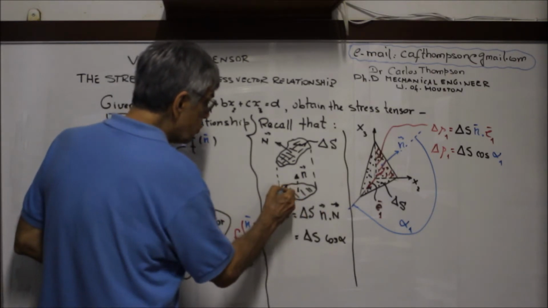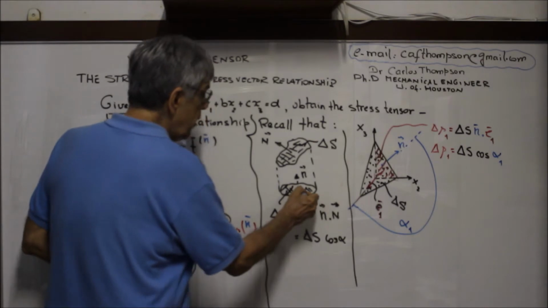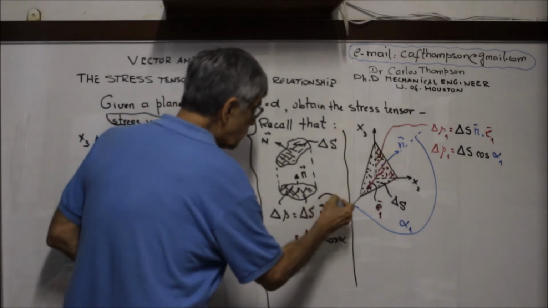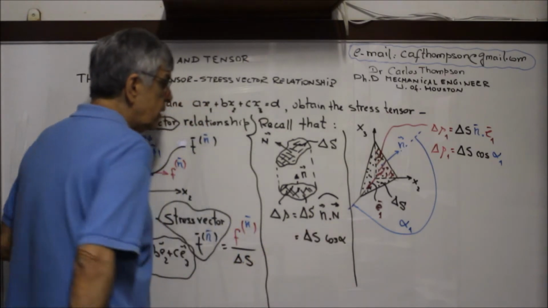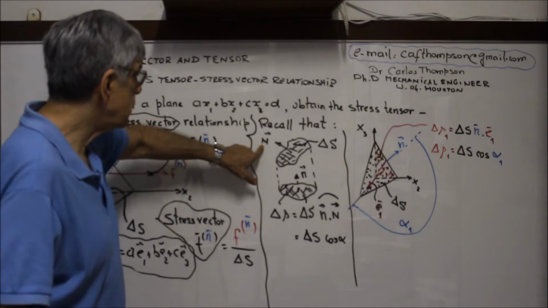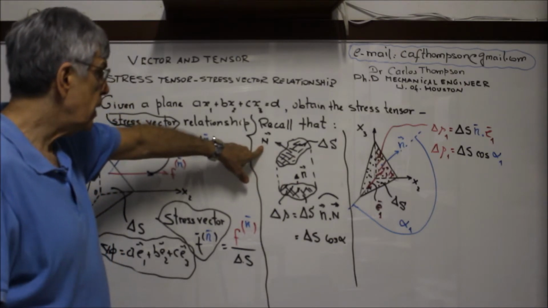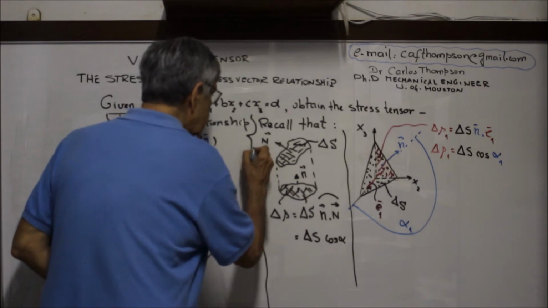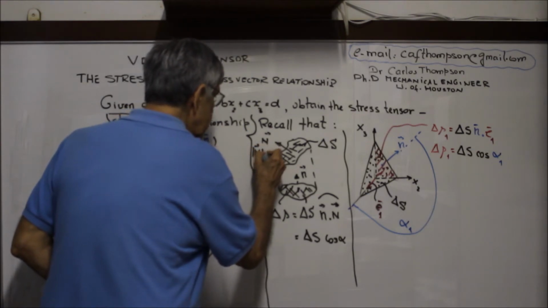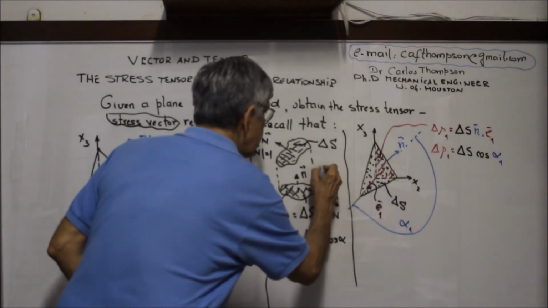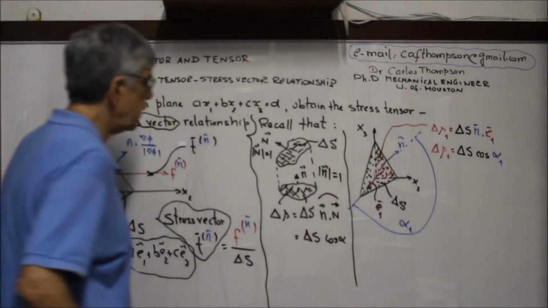For this projected area, you just take the dot product between these two normals. Attention, the magnitude of n is equal to 1, and here the magnitude of N is equal to 1.